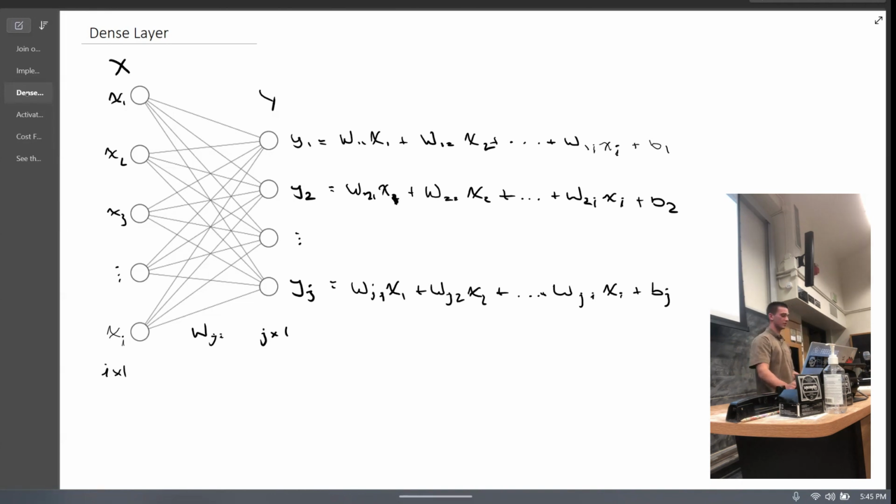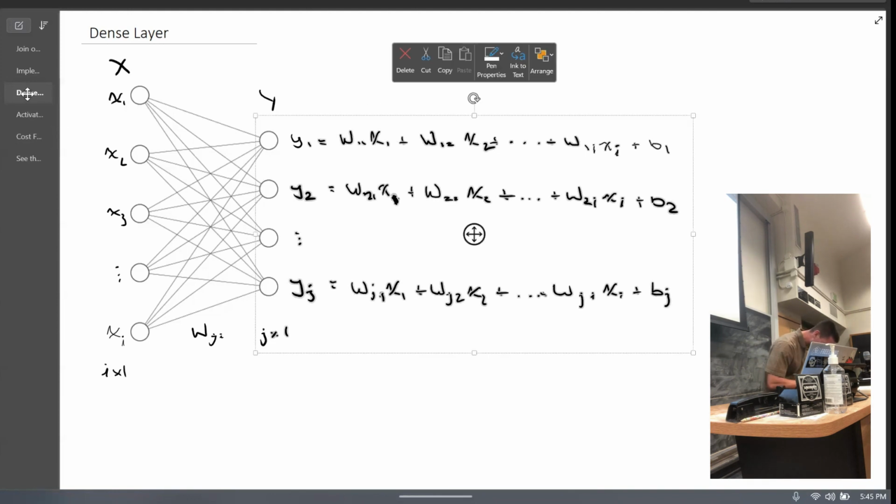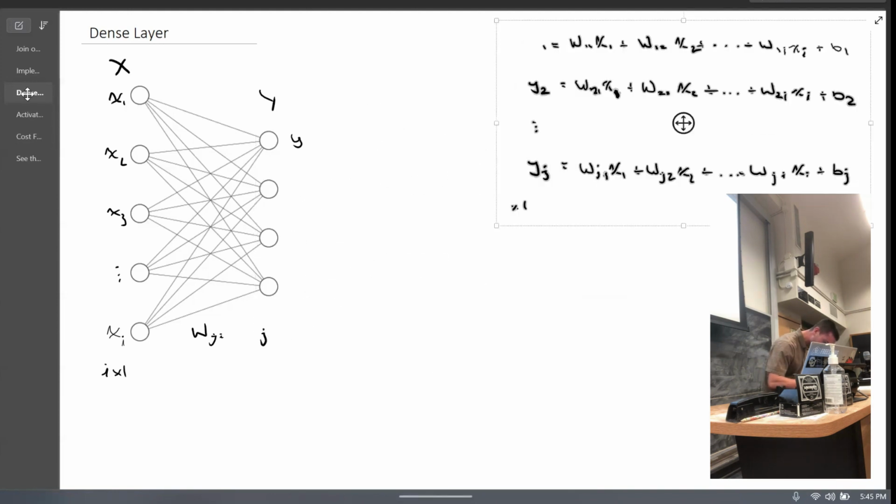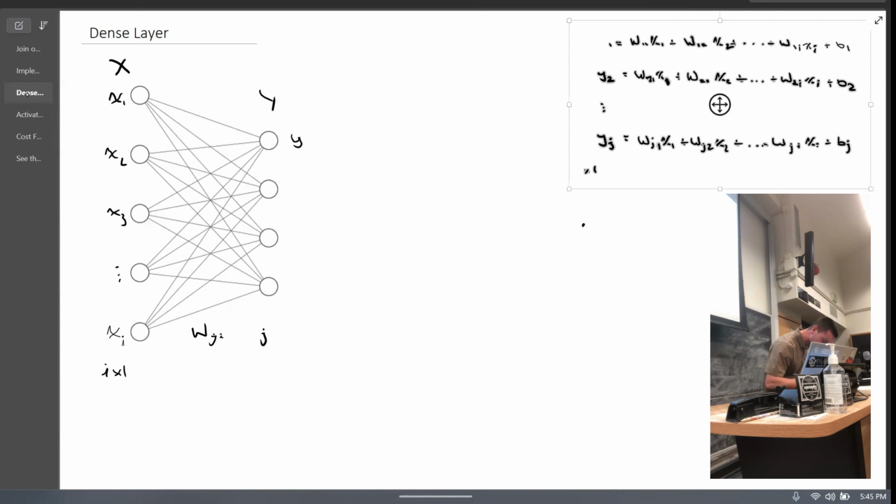This lends itself pretty nicely to a matrix equation, so I'm going to rewrite this as a matrix. Our output vector y is equal to our weight matrix W times our input vector x plus our bias vector.